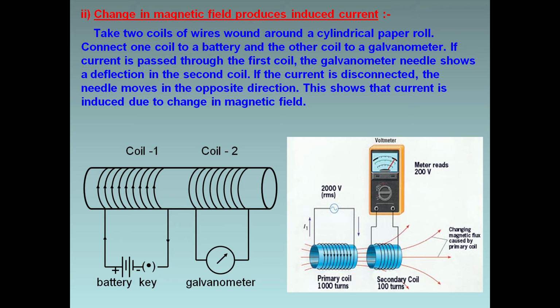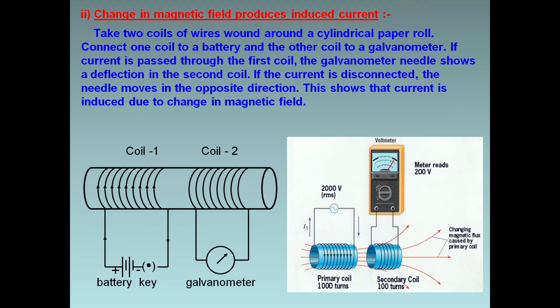So we have a cylindrical paper roll, and then you have two coils of wires which are wound around this cylindrical paper roll. The first coil, coil 1, that is known as primary coil, and it has a large number of turns. Second coil, coil 2, that is known as secondary coil. It has lesser number of turns.